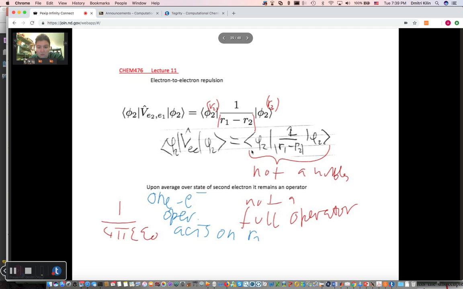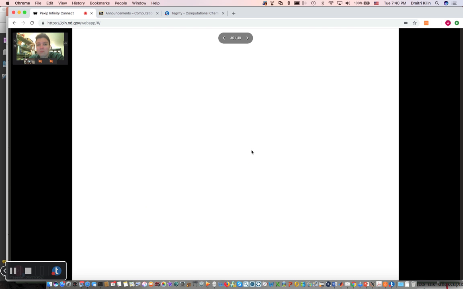It will be a partial hybrid object that acts as an operator only on electron 1, only on variable R1. It is not much writing, it is more conceptual. If this idea of a hybrid object that acts only as a one-electron operator is okay for you, then everything is great.